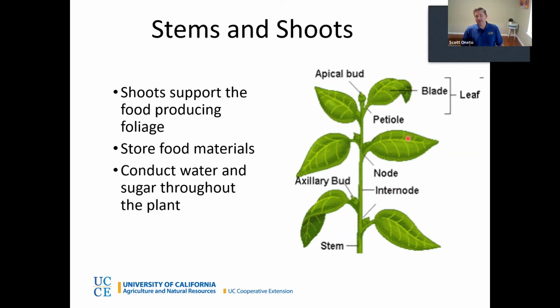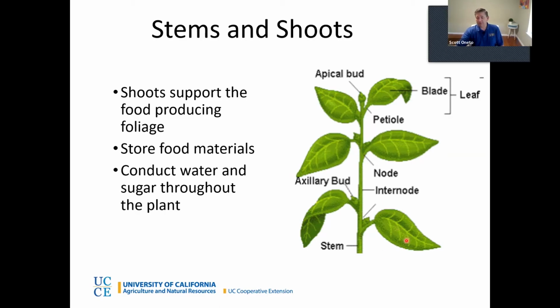So it's supporting the leaves, which are undergoing photosynthesis, and then of course, it is conducting water and sugar throughout the plant.